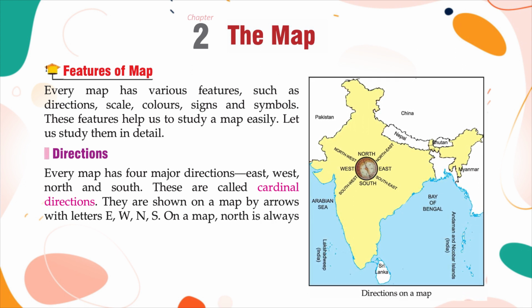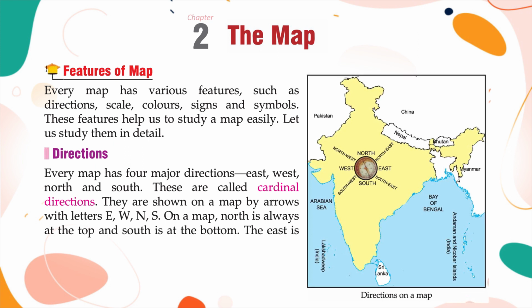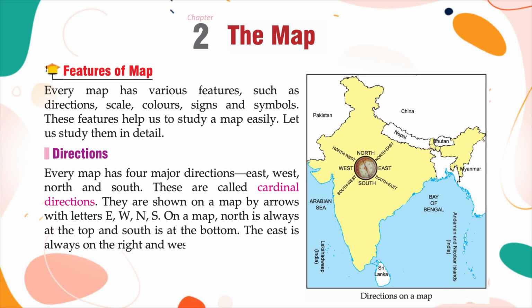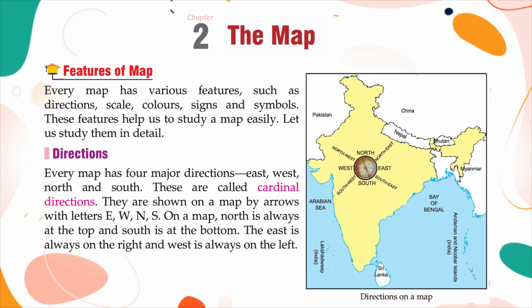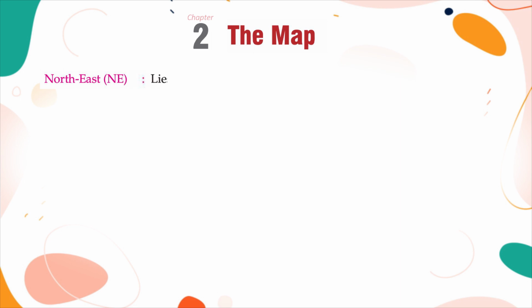On a map, north is always at the top and south is at the bottom. The east is always on the right and west is always on the left. Besides these 4 major directions, there are 4 sub-directions. Northeast, NE, lies between the north and the east.